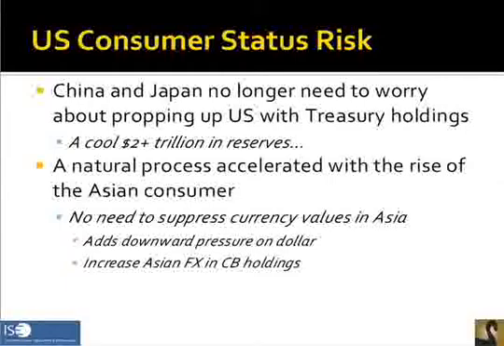Again, we don't see this scenario playing out at the moment because we still have the mutually assured destruction thing in place, meaning if the U.S. economy is crushed, they're not going to be buying Asian goods. So that scenario is still in play. The reality is once the Asian economies make that transition to a domestic economy, they're not necessarily going to need to hold as many Treasuries as they have now.